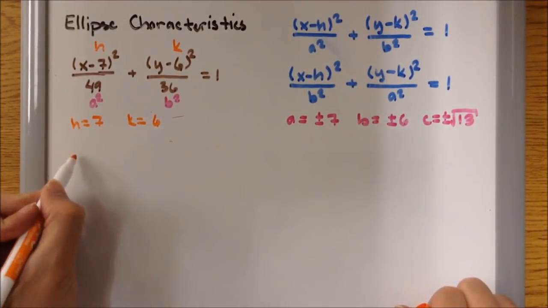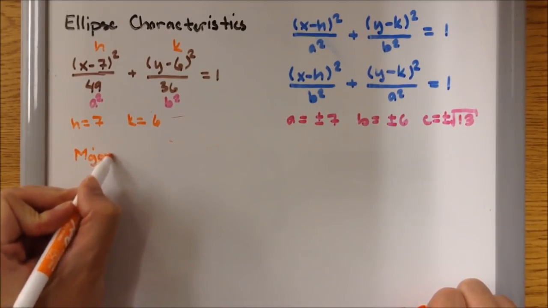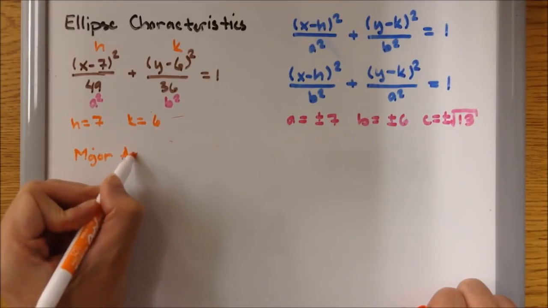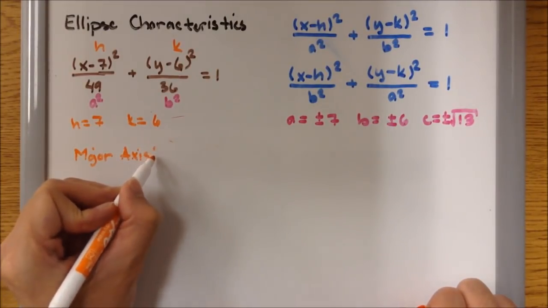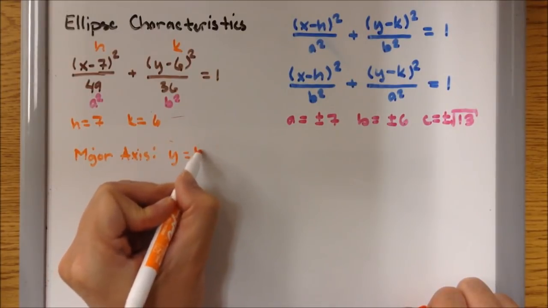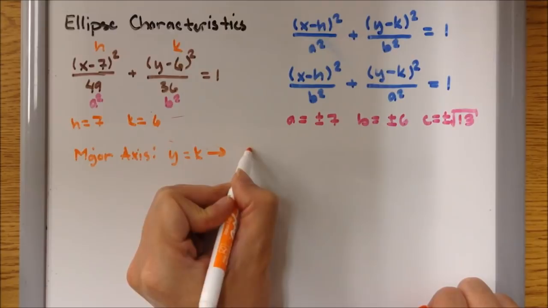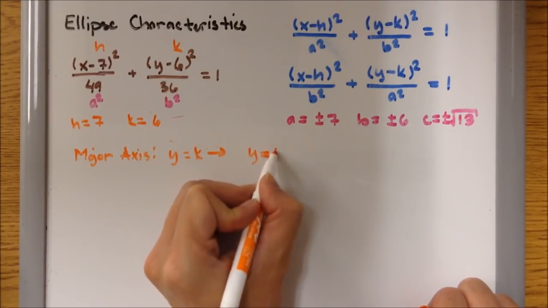Alright. Major axis will be y equal k, so therefore our major axis will be at y equal positive 6.